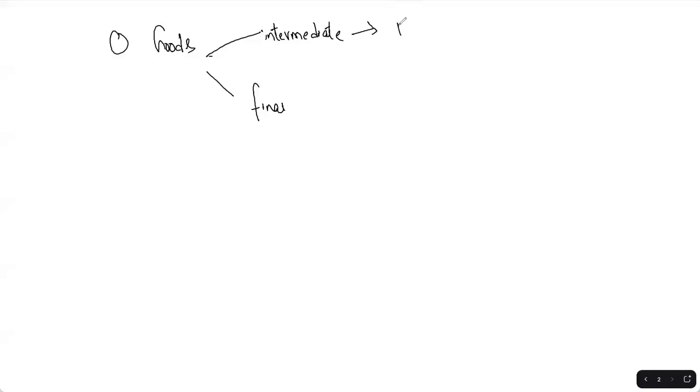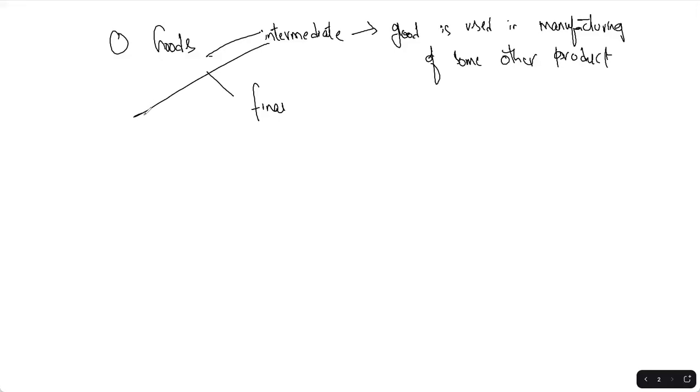So this is a type of good which is used in manufacturing or processing up of some other good or product. Okay. So example can be your iron that is helpful in the manufacturing of your steel, or steel can be a kind of intermediate good which can be helpful in manufacturing of your cars, something like that.